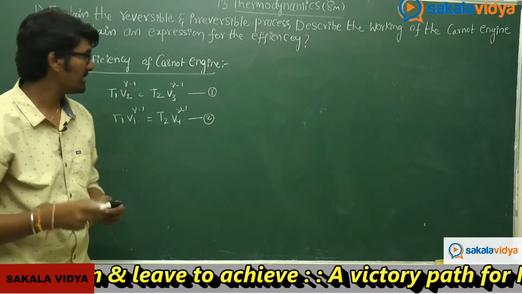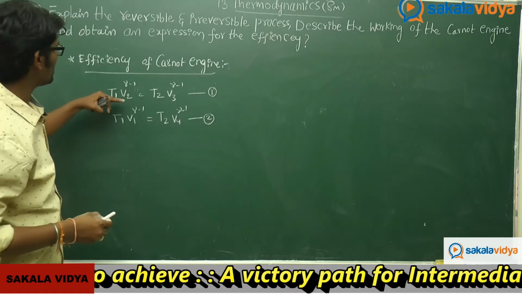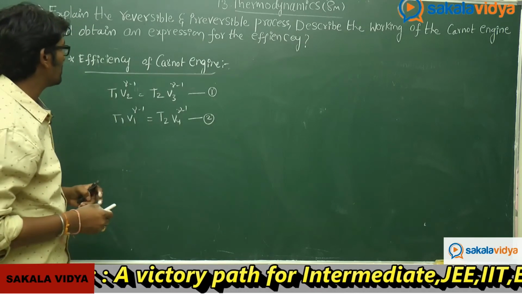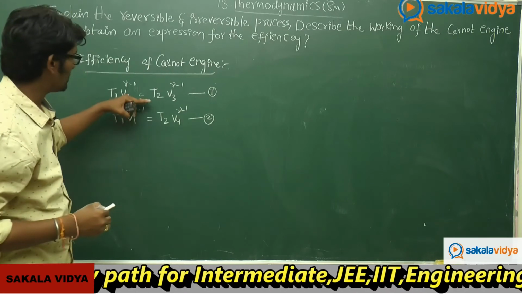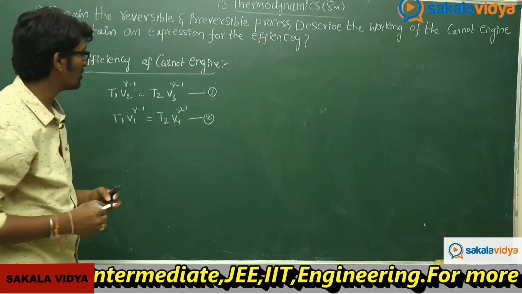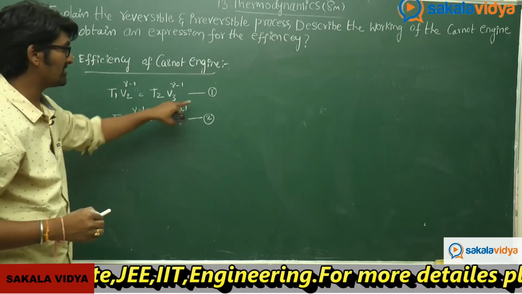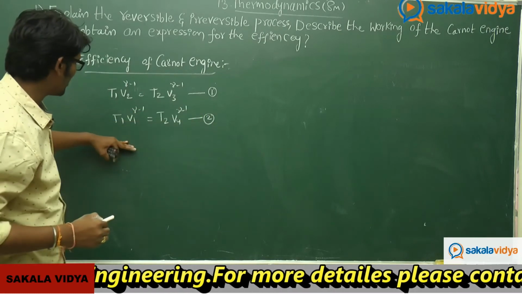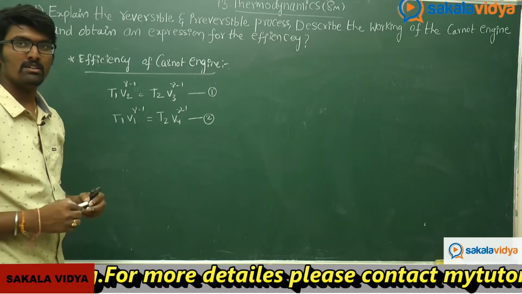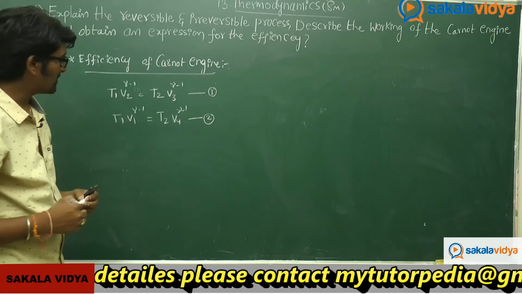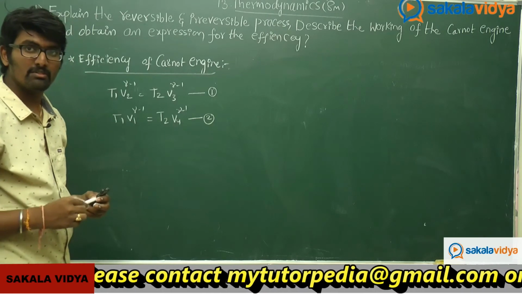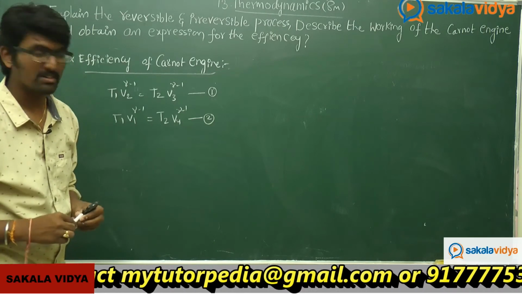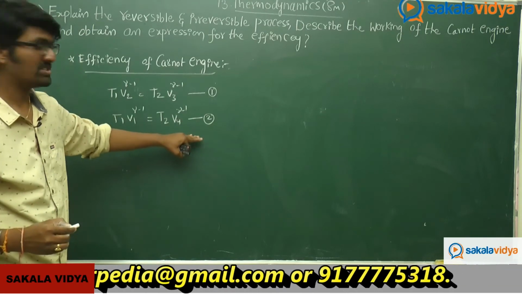So in the adiabatic process we have T1 multiplied with V2 whole power gamma minus 1 is equal to T2 into V3 whole power gamma minus 1. Let us assume this as equation 1, whereas T1 into V1 power of gamma minus 1 is equal to T2 into V4 whole to the power of gamma minus 1. Let us assume this as equation 2.